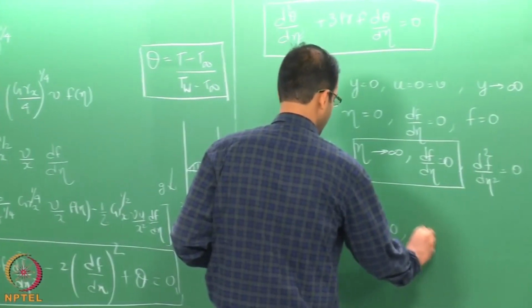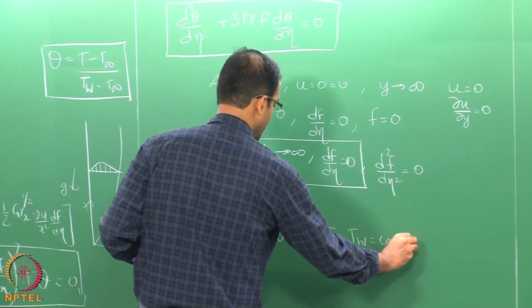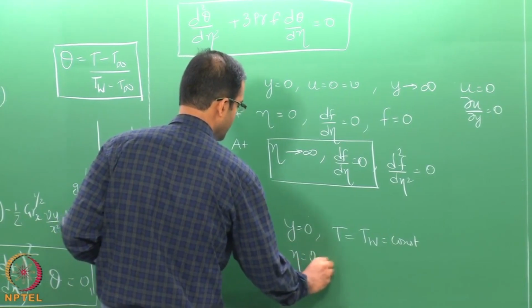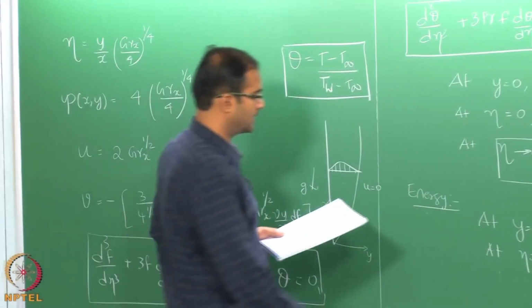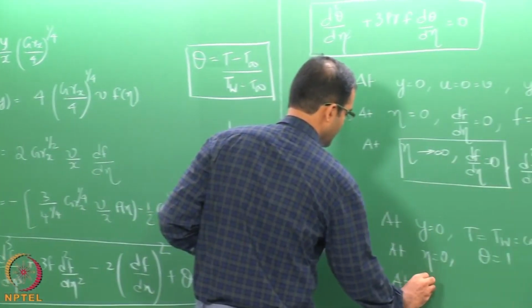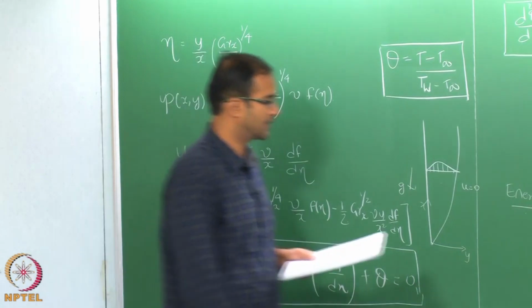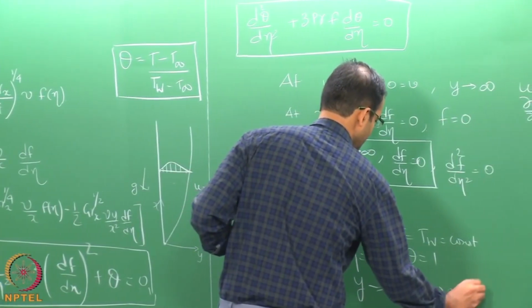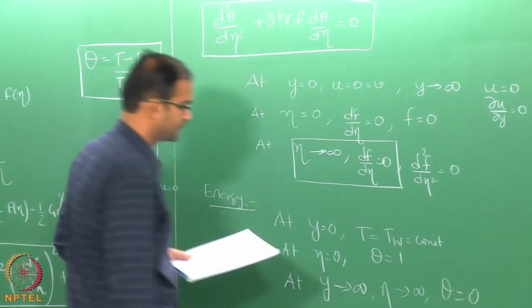This is the wall temperature which is constant, and therefore, correspondingly at eta equal to 0, theta will be 1, and at y going to infinity, corresponding to eta going to infinity, theta will be going to 0.